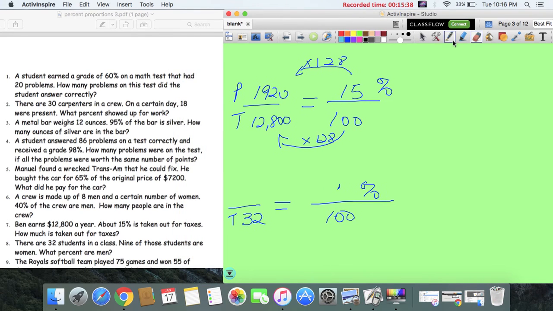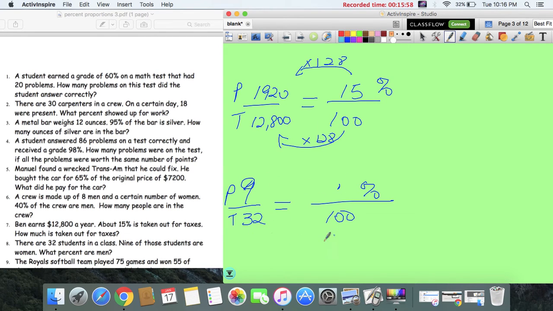Let me read the question again. There are 32 students in a class. 9 of those students are women. So, part, which means 9 of the students are women. And how much does that represent in a percentage? If you have 32 people, 9 are women, what's that percentage-wise?